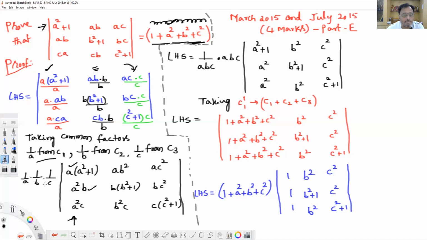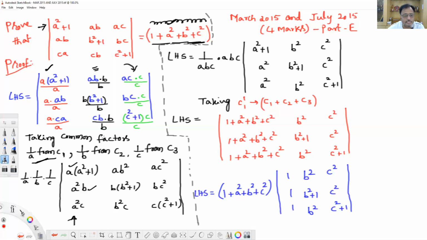In the third column I have taken 1 by C as common factor. That's what I have clearly written here. Taking 1 by C as common factor means AC square, BC square and C into C square plus 1. That means LHS is equal to 1 by ABC times the determinant.